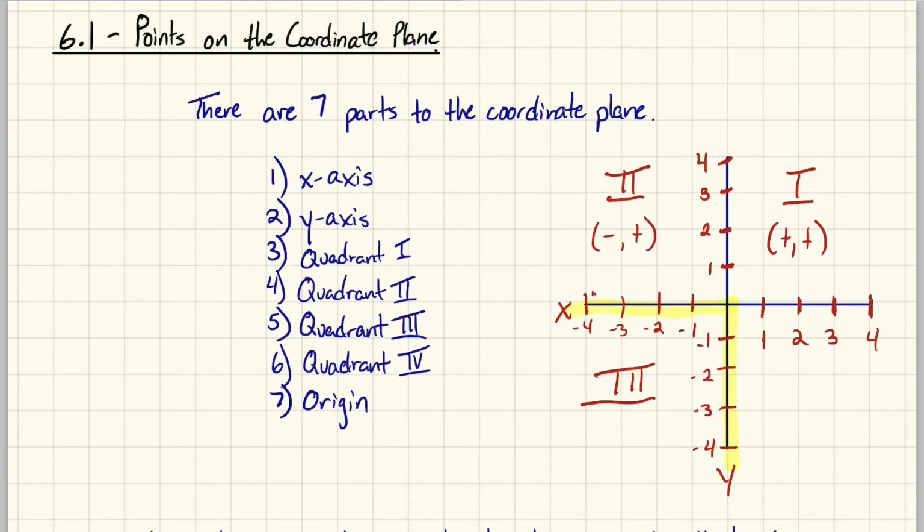Sometimes they're positive, sometimes they're negative, but what's nice is that they're all grouped together. And in quadrant 3, as we showed, they're both negative. And then finishing off in quadrant 4, we have that the x values are positive and the y values are negative. And so now we have created most of our graph.